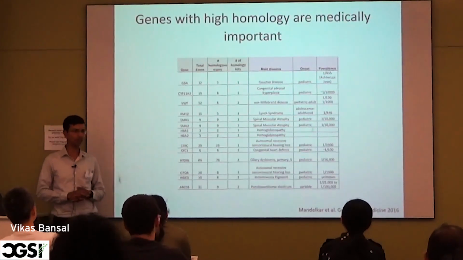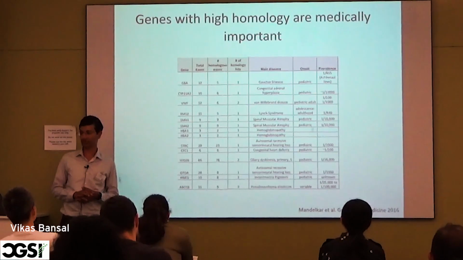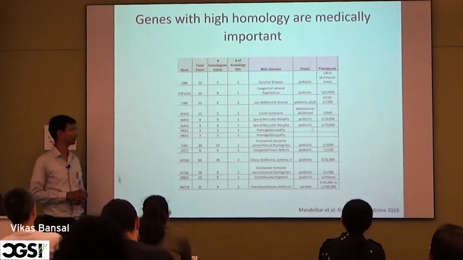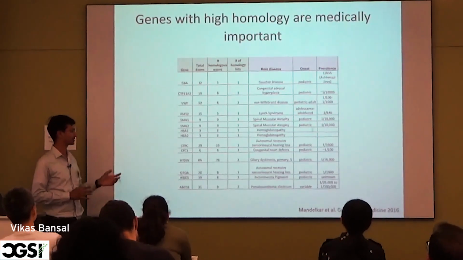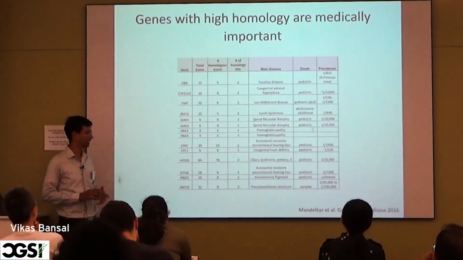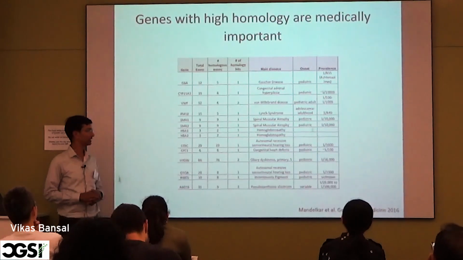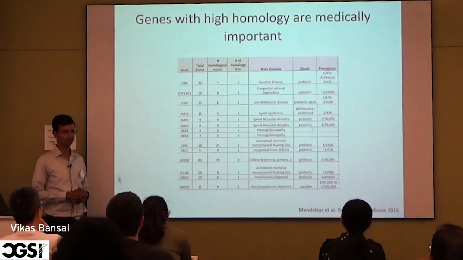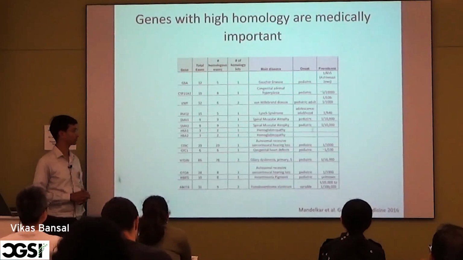The prime motivation is that these genes are not junk. Although they are duplicated, they are still medically and biologically relevant. Here is a list of genes, compiled again from this 2016 study, that are associated with rare and in some cases common human diseases.